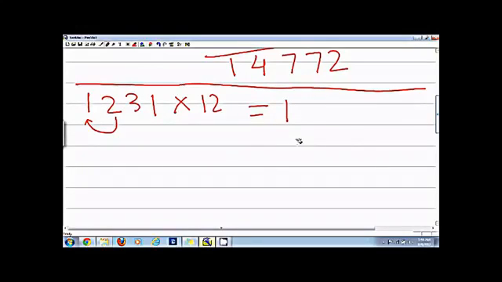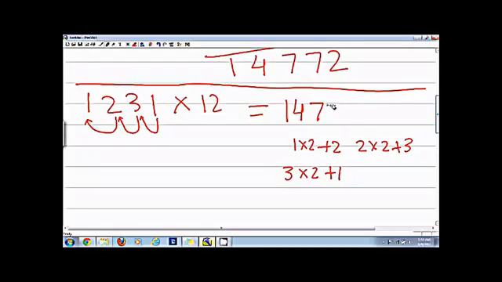So I will say 1 into 2 plus 2, that is equal to 4, and then 2 into 2 plus 3, that is equal to 7, and then 3 into 2 plus 1, that is equal to 7, and then I just multiply 1 by 2, so 1 into 2 is 2. So the answer is 14772.